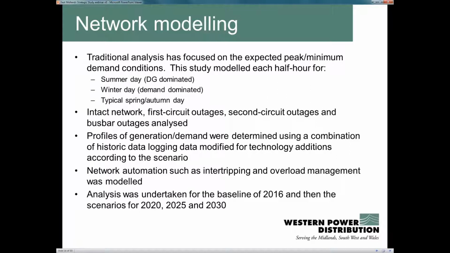And then further on, we've used automated network modelling to be able to run a number of scenarios and a number of different modifications to enable us to carry out a full range of analysis all the way from 2016 through to 2030.